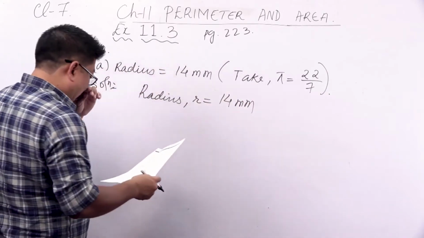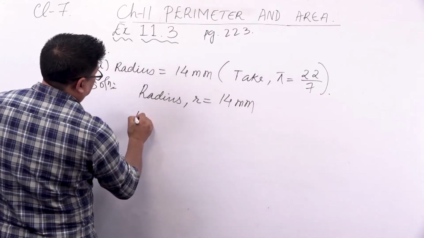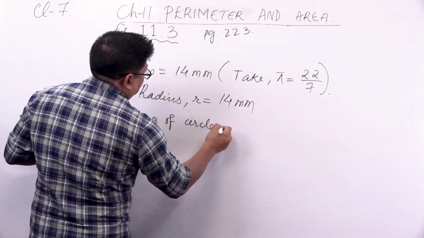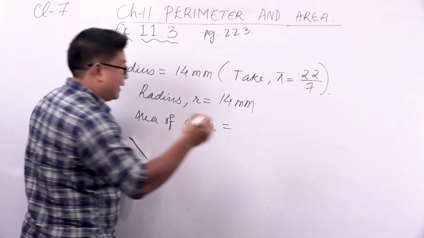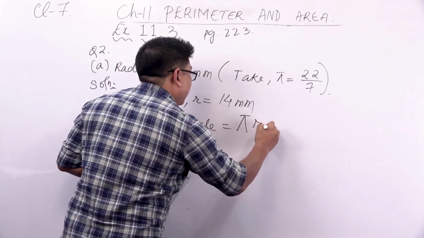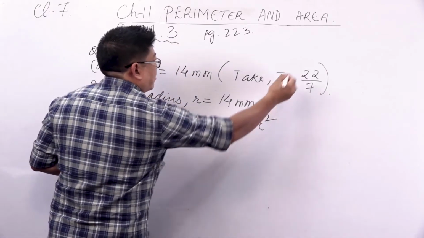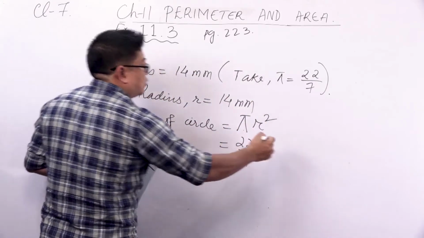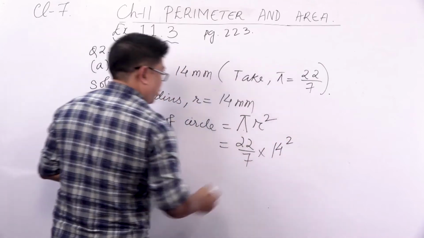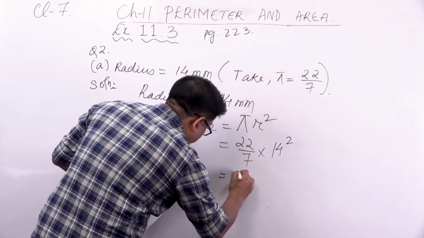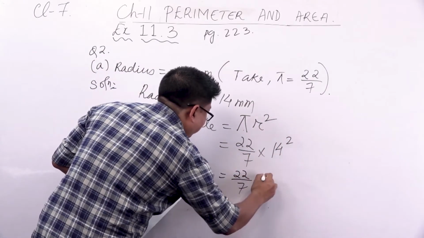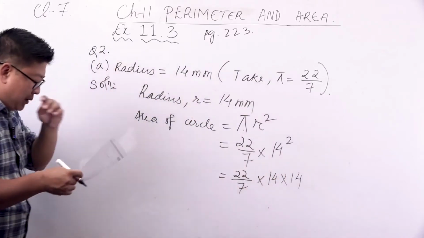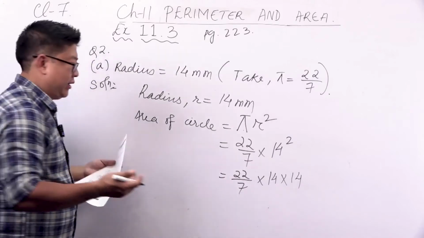All right. And we know the formula for area of circle. It is pi r square. So in place of pi, I will use 22 by 7. And r square is nothing but 14 square, okay? This I will write as 22 by 7 into 14 into 14. 14 square simply means 14 into 14, okay?